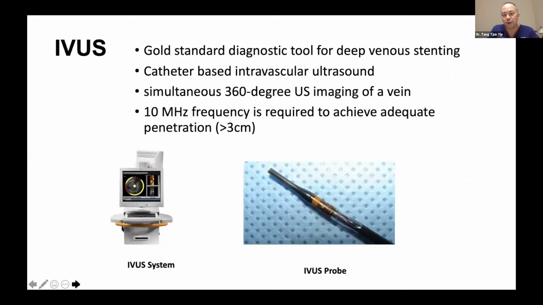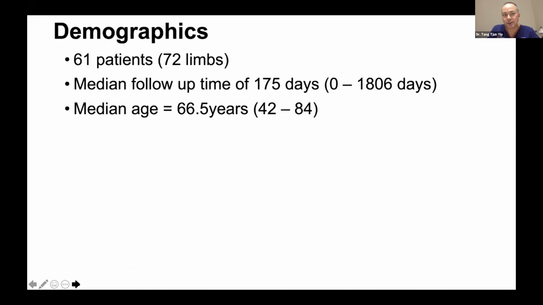We used the Volcano IVUS probe so that it can get out right to the diameter of these large veins. We had 61 patients with 72 limbs with a median follow-up of 175 days. In fact, we've got all of these out to 2 years by the end of this month, with a median age of about 66.5 years.